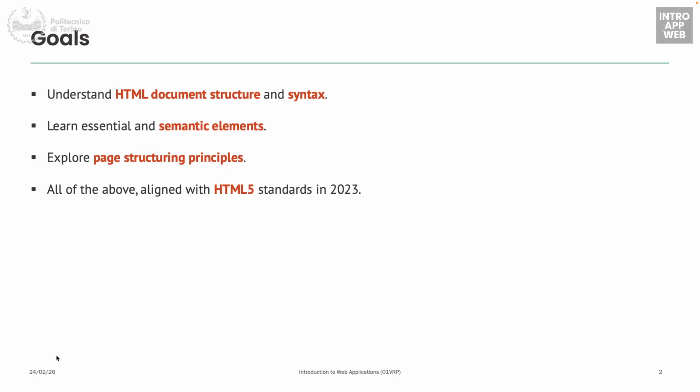The syntax is basically how it is written. Then we will see semantically what the components of an HTML represent. We will explore the correct way to structure a web page and the contents within a web page. And maybe by the end we can talk about an overview of what HTML5 represents.